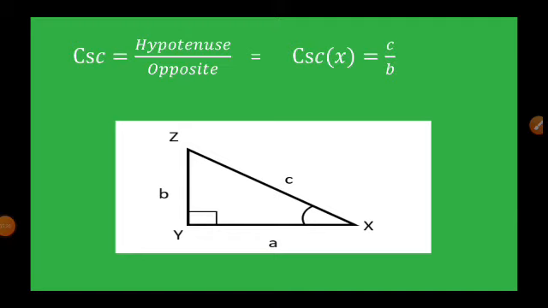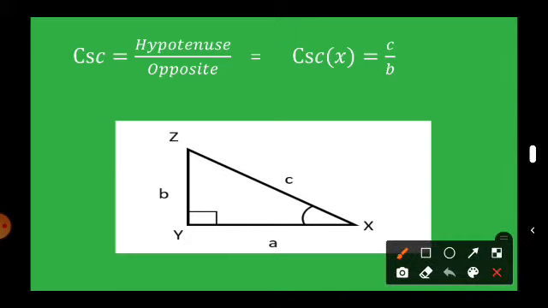The last function is the cosecant of the triangle. Cosecant is equal to hypotenuse over opposite. So what we must look at first is the angle to which we refer our function. The angle in question here is the same, x again.